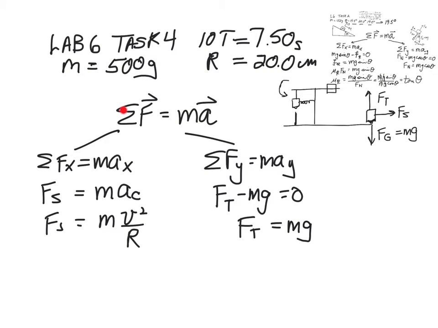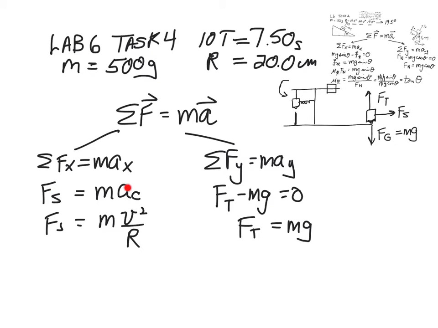You know the routine. We write down the vector equation for the sum of the forces equals mass times acceleration, and we separate out the components. If we look at the y components, there's no acceleration, so there's F_T up and F_g down, and they have to be equal and opposite. We don't actually need this for this problem, but I wrote it down. But we do need the x direction because we want the spring force, and the spring force is, surprisingly or not, the only force in the x direction.